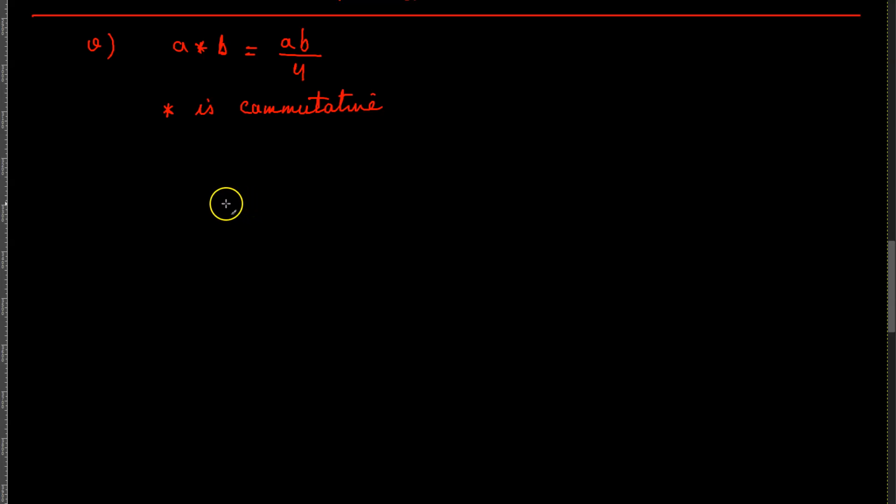But suppose that I calculate A star E, and if I take my E as 0, then I will not get A because the whole thing goes to 0. If I take my E as 1 even, then that would be A divided by 4, so it's not going to be equal to A.